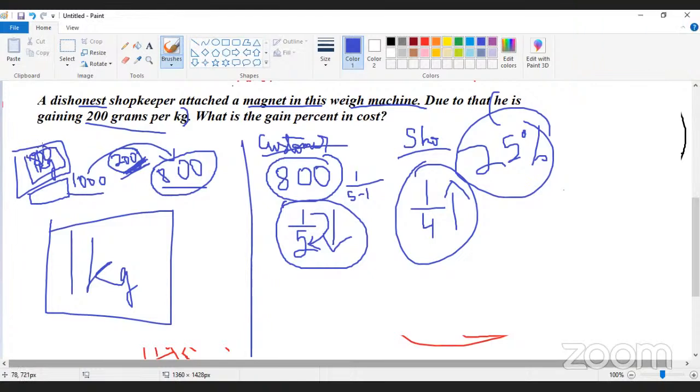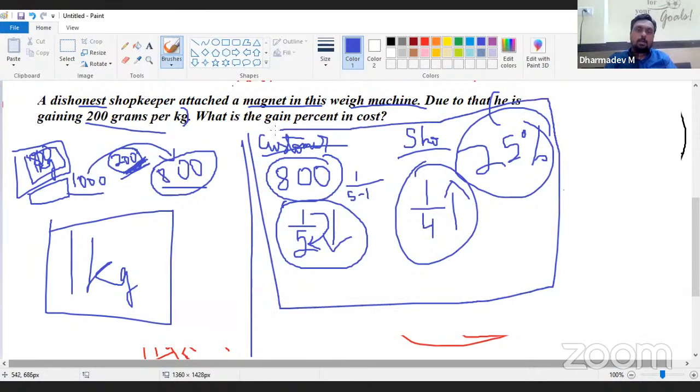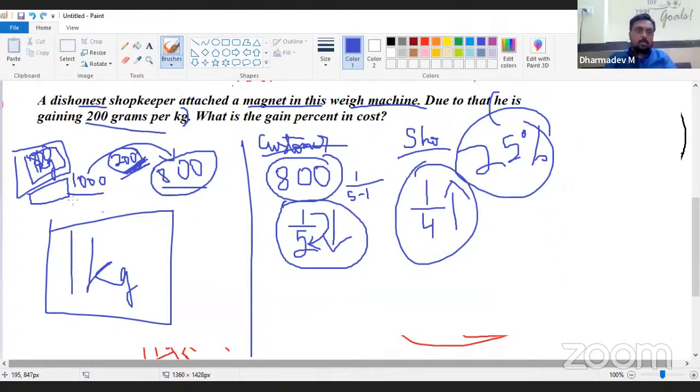Yes, sir. See, this side, what you have done, in the first class they learned a shortcut, how to do it, and on the basis of that they're doing it. So it is 800 grams. The customer is getting only 800 grams in his hands, but he thinks that it is 1 kg. So the customer is losing 1 by 5, that is 20%. 20 divided by 100, if I solve it as a fraction, is 1 by 5.